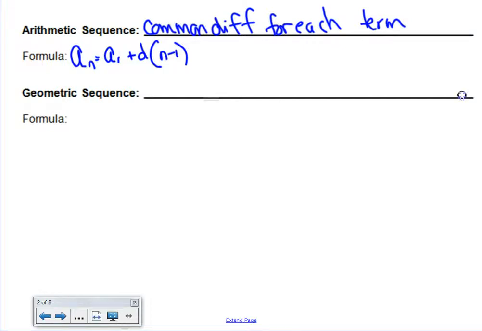And then there's a geometric sequence as well, and you would use a geometric sequence if you notice you have a common ratio from each term.